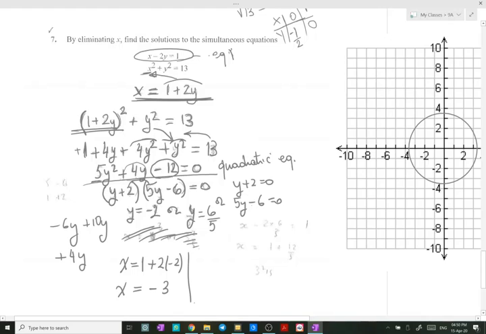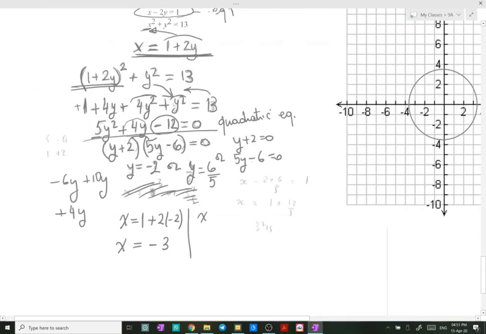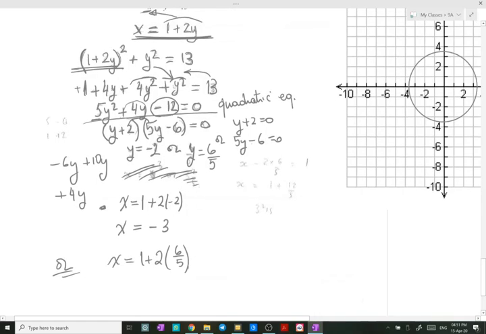And the other one, let me continue here. So x equals 1 plus 2 times y, which is 6 over 5. This is equal to 1 plus 12 over 5. Common denominator, it's going to be 5 plus 12 over 5, which is equal to 17 over 5.